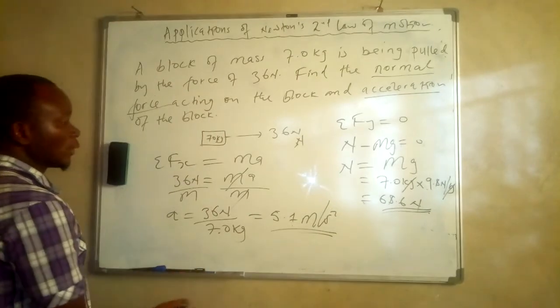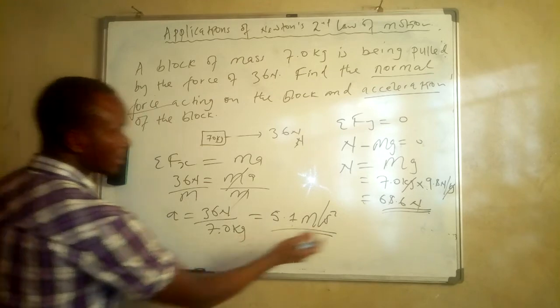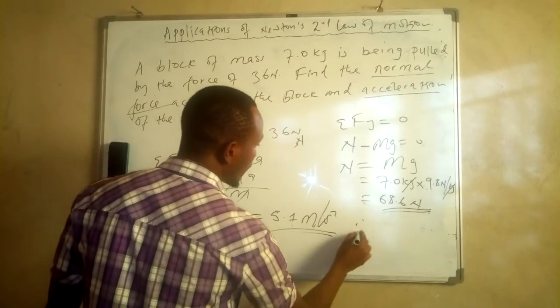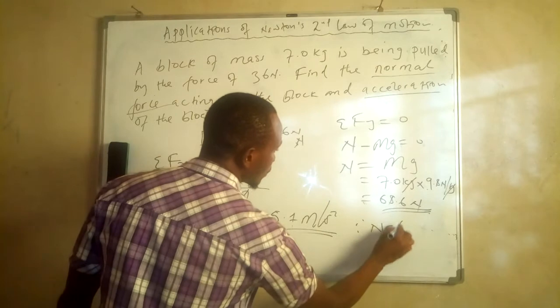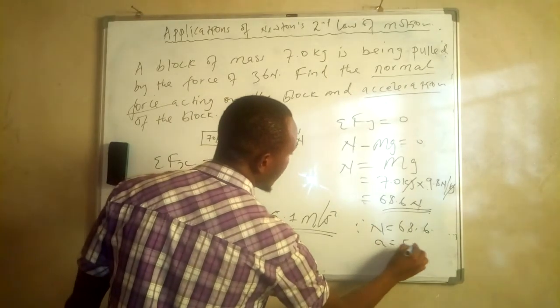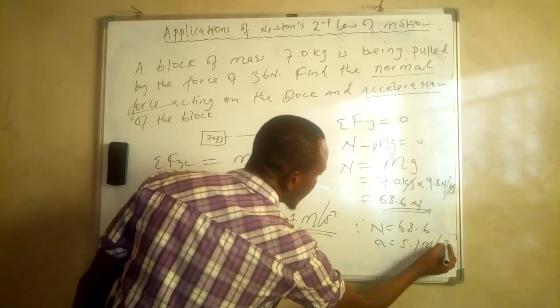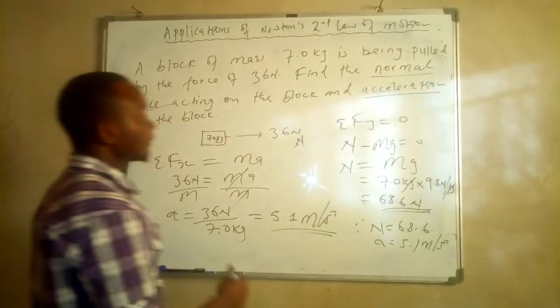So this is the value for a, and this is the value for the normal force. Therefore N is equal to 68.6 newtons and a is equal to 5.1 meters per second squared. So that is the answer.